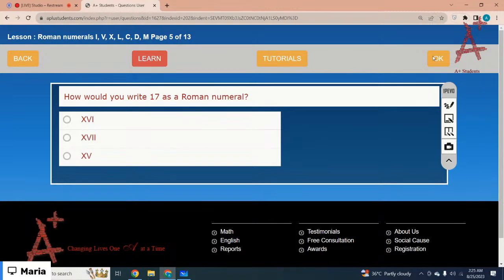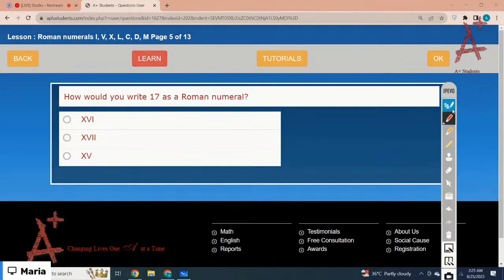How would you write 17 as a Roman numeral? So how do you write 17? 10 plus 5 plus 1 plus 1, right?